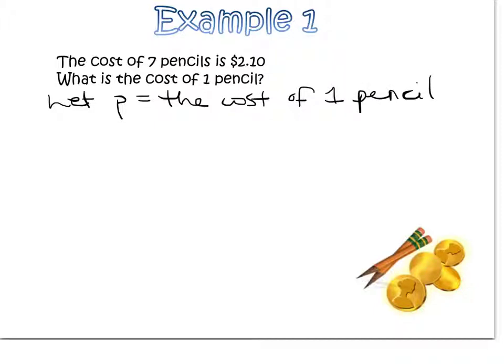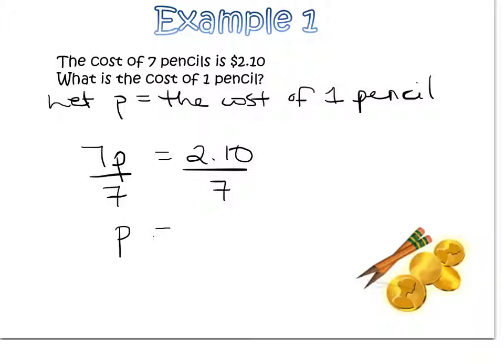Okay, so now my equation is, if I have 7 pencils, I'm going to do 7 times the cost of each pencil, so 7 times P is going to equal $2.10. Okay, and then to solve for P, so now I've got my equation, I just need to divide both sides by 7.